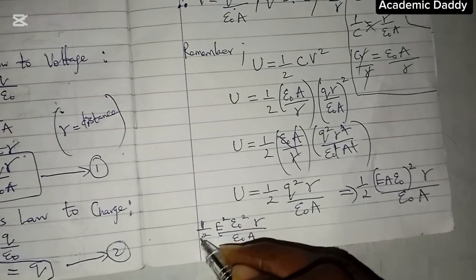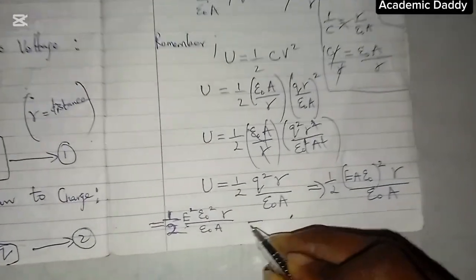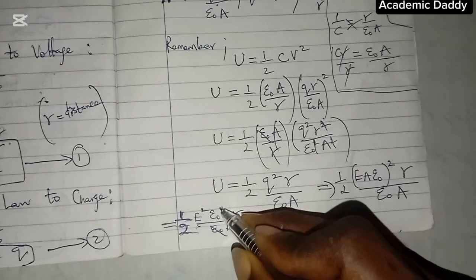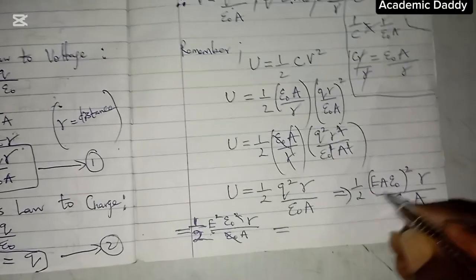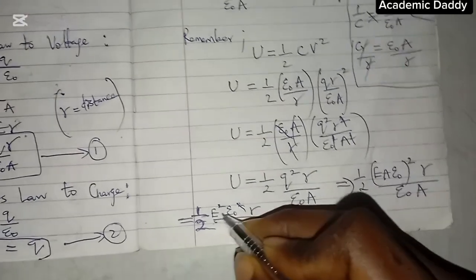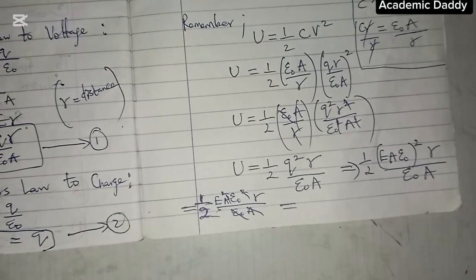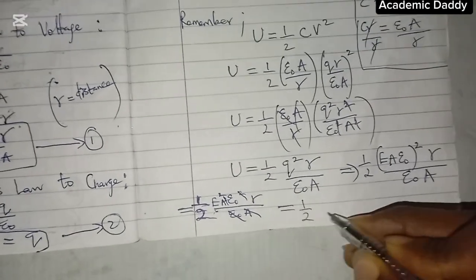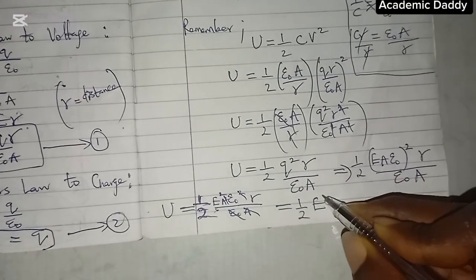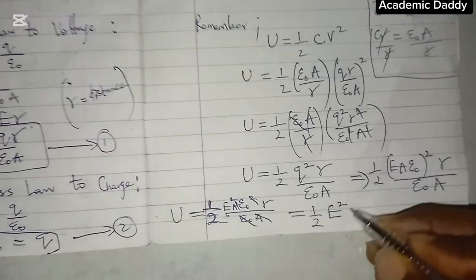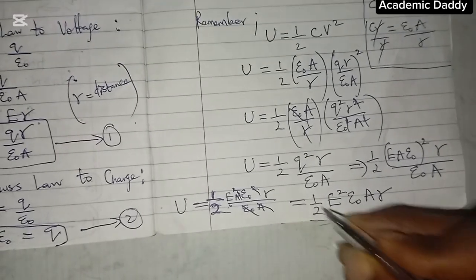Remember that anything half goes to the 2 before you, so this will take care of this. And there's A here, which will be squared as well, so this A will take care of this as well. So we are now left with U equal to half E squared, then we have ε₀, then AR as our final answer.